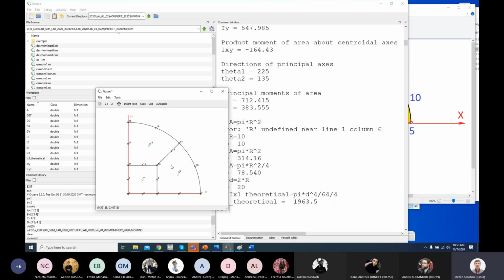So try to finish and work, because the next labs will be similar to this one. But in lab number 3, instead of working with surface elements, we will work with bar elements, truss. But we have more time for that.